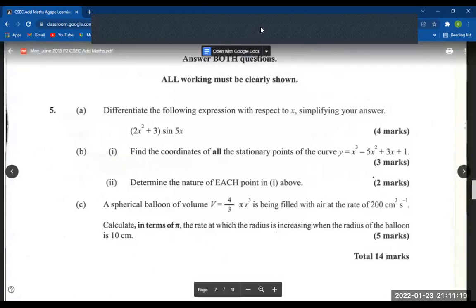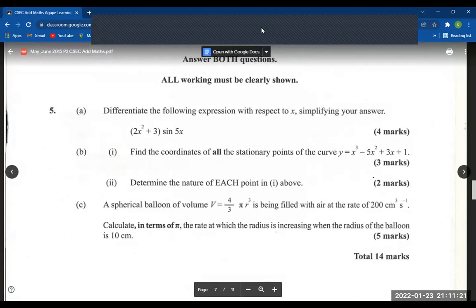Okay. In case anybody did not know that, at the stationary points, the gradient function, which is dy on dx, is equal to 0. I'm teaching this topic next, so for the people who don't know what I'm saying, it's cool. This is the next topic.